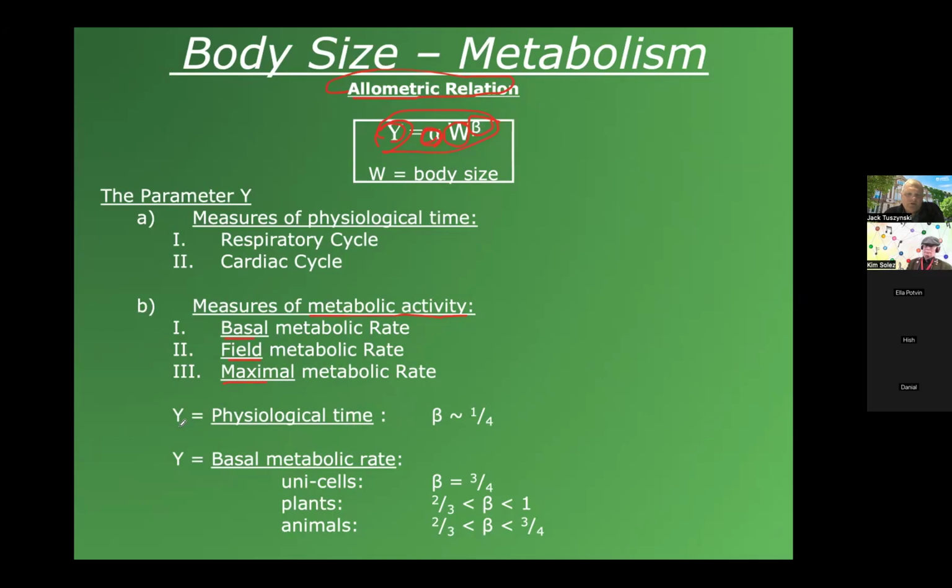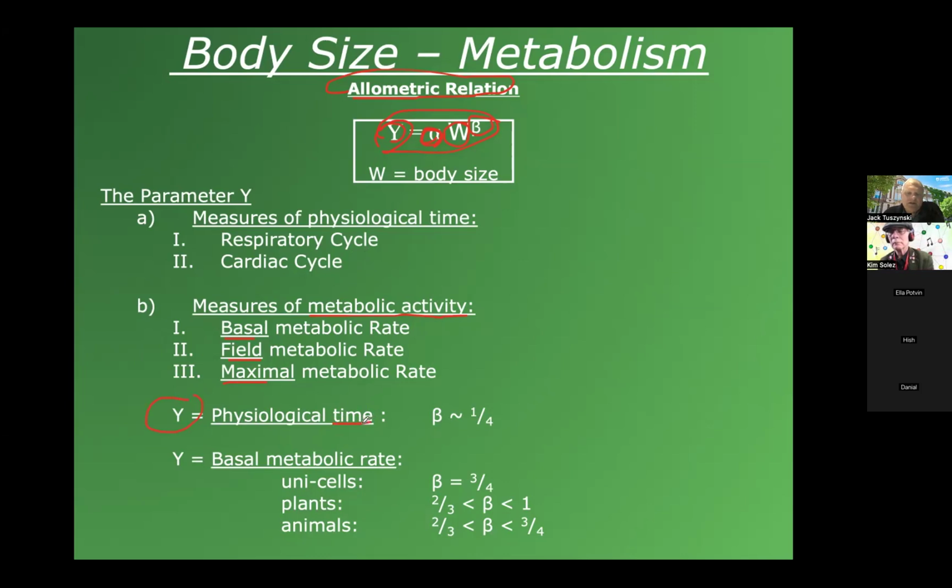As I mentioned to you, metabolic rate is the amount of energy transduced over time. So it's first of all important to find out what a scaling law applies to time, physiological time, which is cyclical. Let's say time could be the lifespan, or it could be heart rate, anything to do with the passage of time.